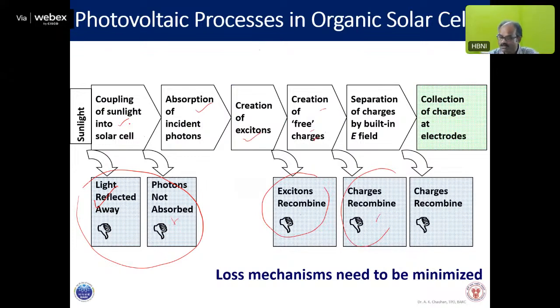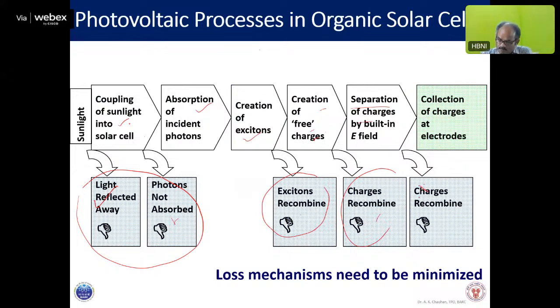But if it doesn't recombine, we are even more optimistic, then these charges will be separated by the built-in electric field, which is provided by what? The work function difference of both the electrodes. Now, they can still recombine at the boundaries, because boundaries always provide dangling bonds, which are actually extra energy states.